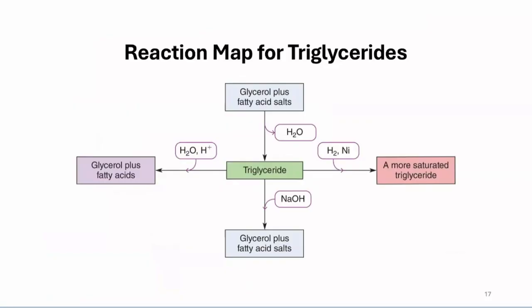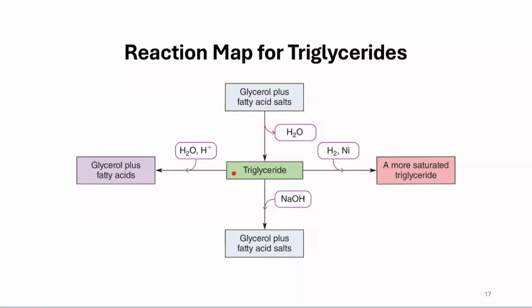Here we can observe a reaction map specifically for triglycerides. At the top of this flowchart, we can see that triglycerides are produced from glycerol and fatty acids. These molecules lose water in the process, and they are able to synthesize triglycerides.